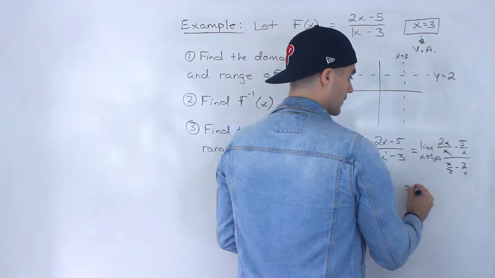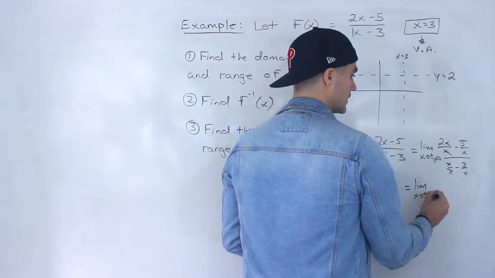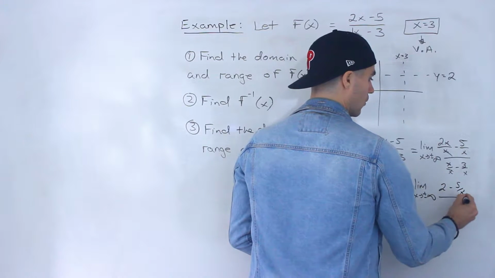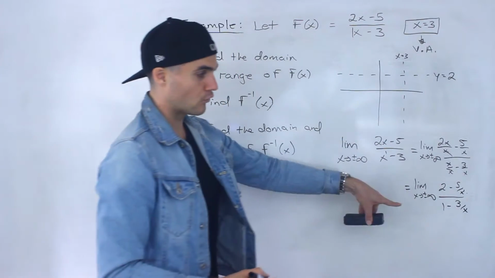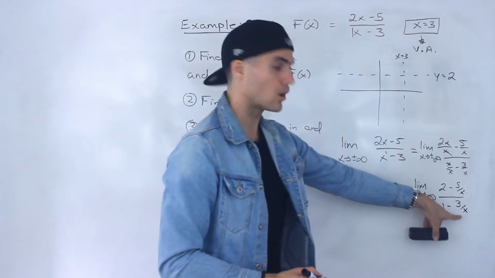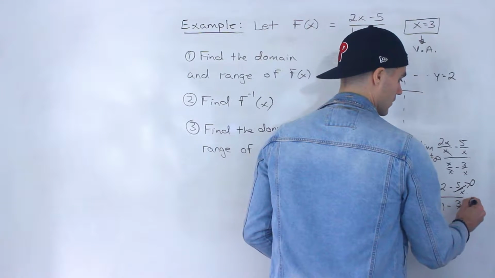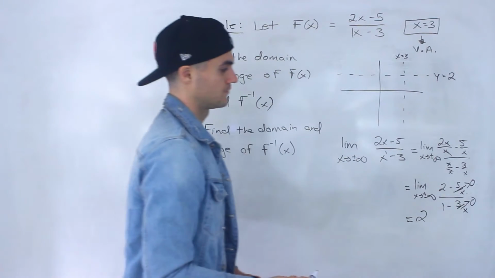What we end up with is the limit as x approaches plus or minus infinity of (2 - 5/x) over (1 - 3/x). Then 5 over plus or minus infinity and 3 over plus or minus infinity go towards 0, and we end up with 2 over 1, which is just 2.